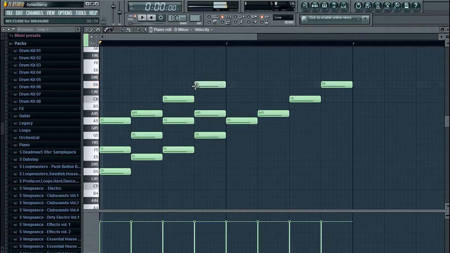Our fifth chord is going to be minor, so we use the same process, up 3 and then up 4. Our 6th chord is going to be major, so we go up 4 and then up 3.